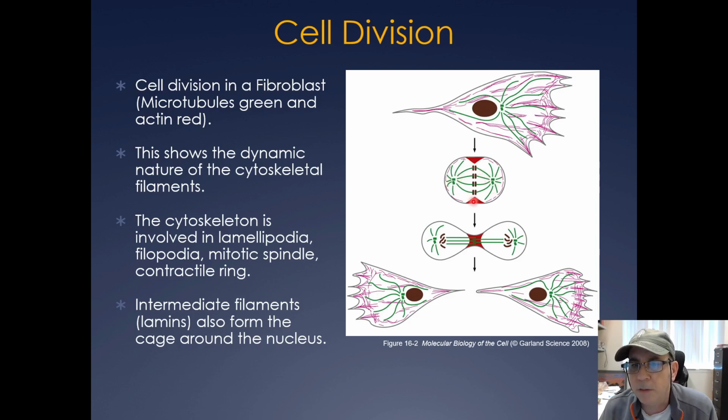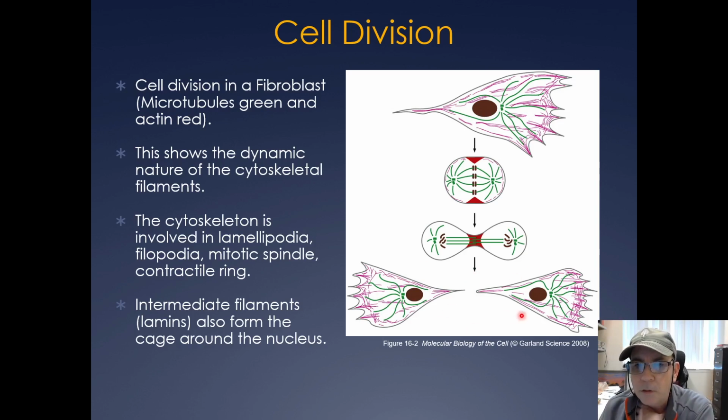They capture the sister chromatids and pull them apart, and then the actin forms this cleavage furrow which collapses on itself and pinches the cell together, and then you're left with two daughter cells.